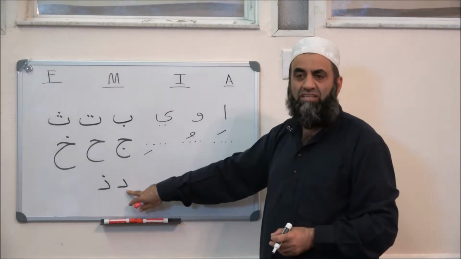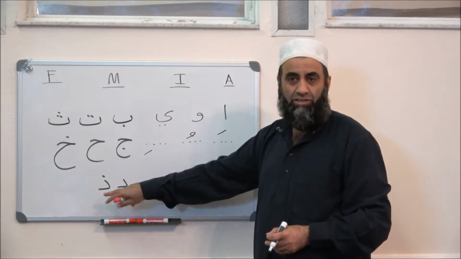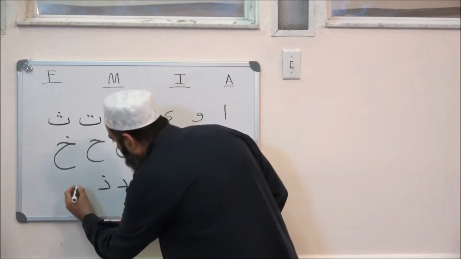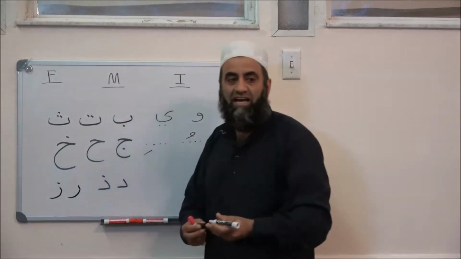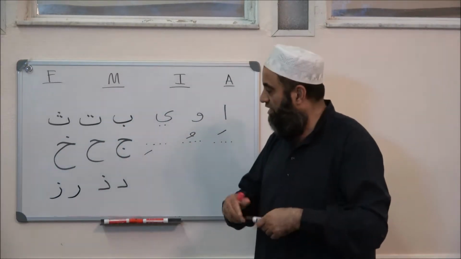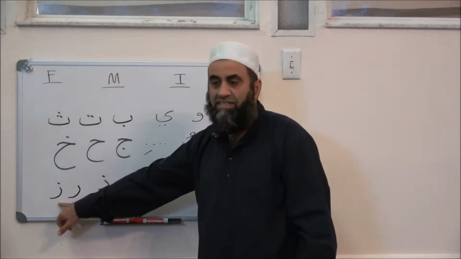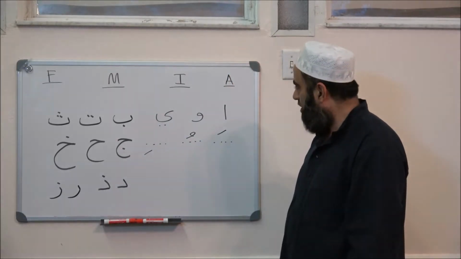Da, more or less like the D in English, like David. Tha, like the TH in the word there or that. And finally, we introduced the Ra and the Za. Ra and Za, like Robert and zebra. Okay?